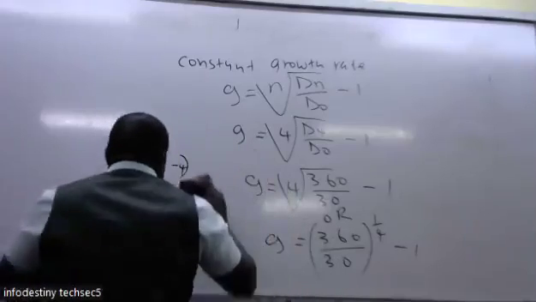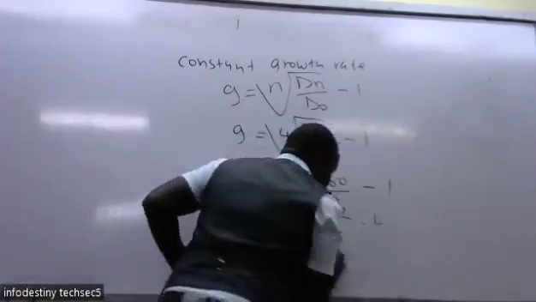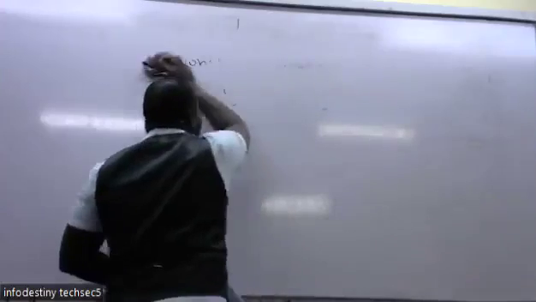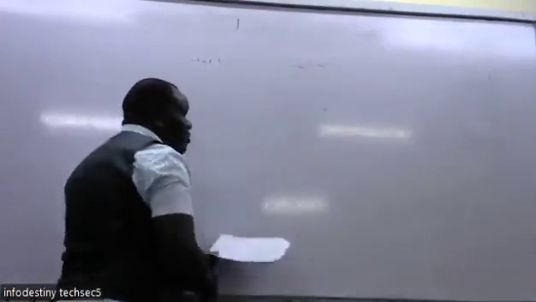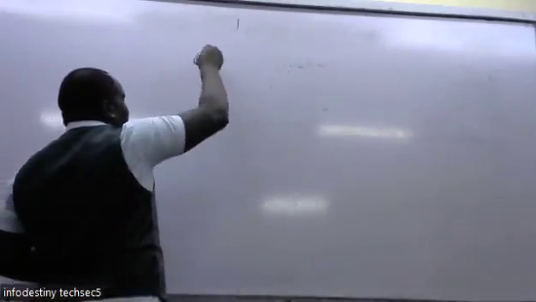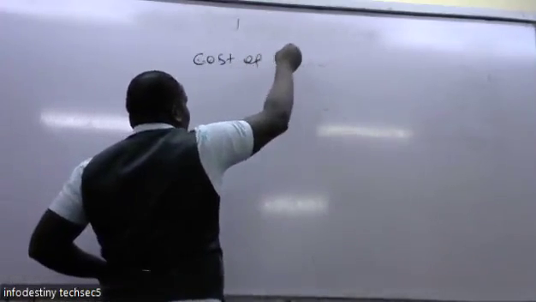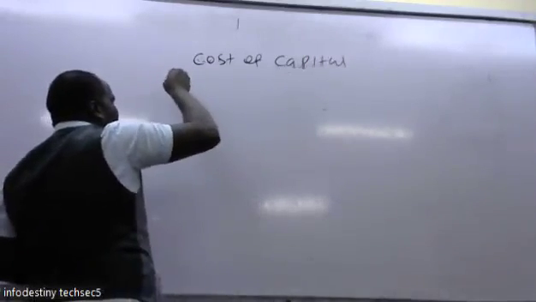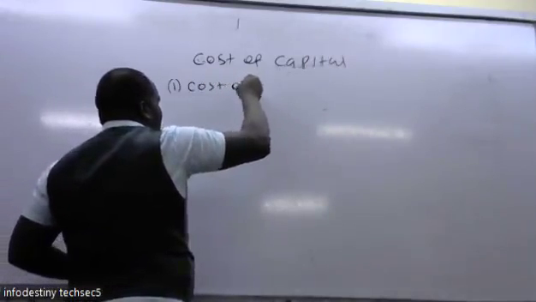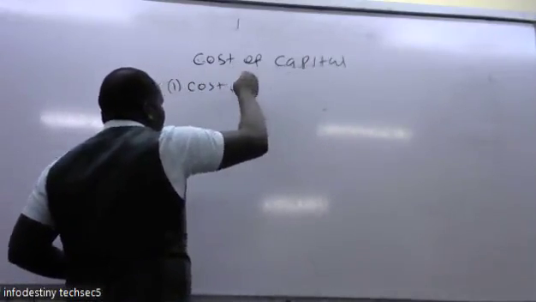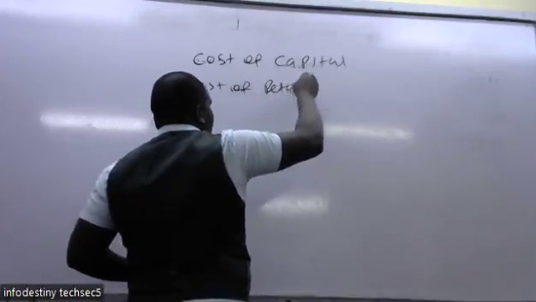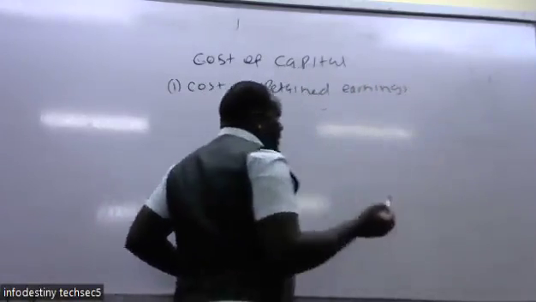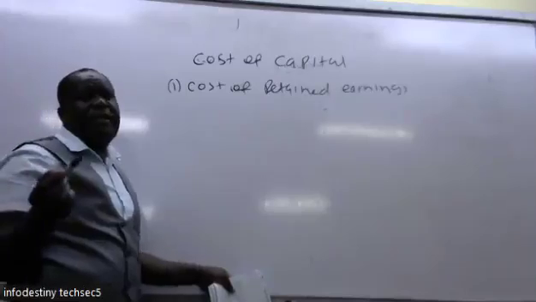To calculate the cost of capital, we shall start with number 1, the cost of the ordinary share, so the retained earnings. I'll start off by calculating the cost for the retained earnings.